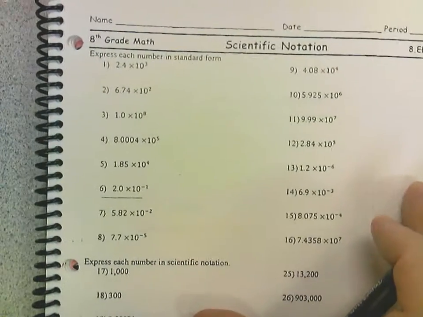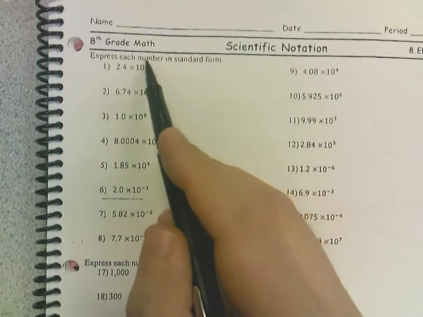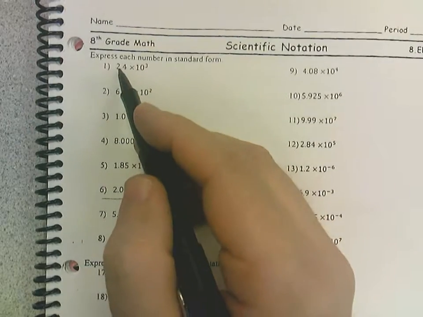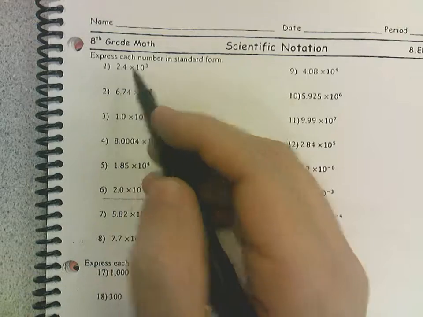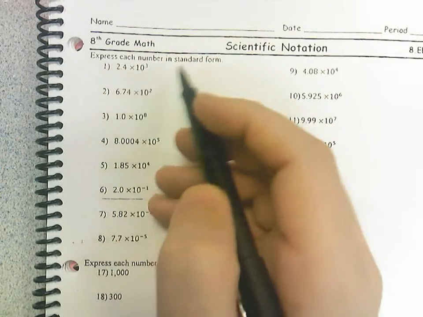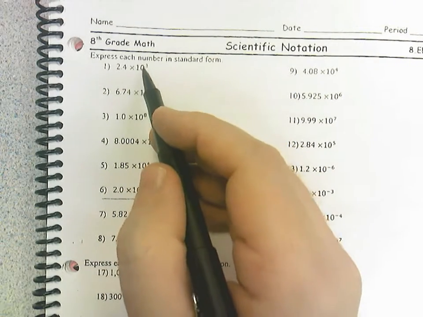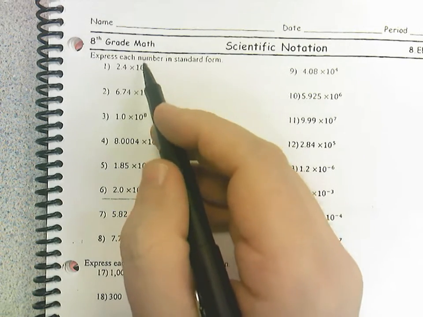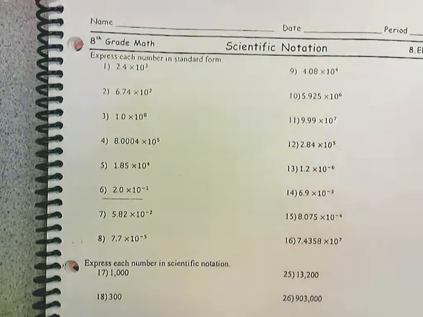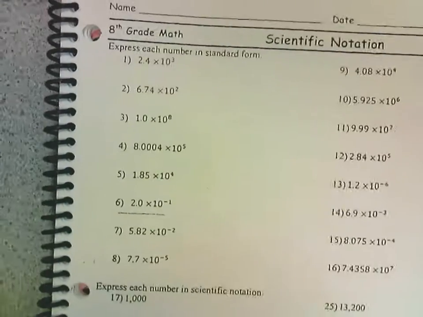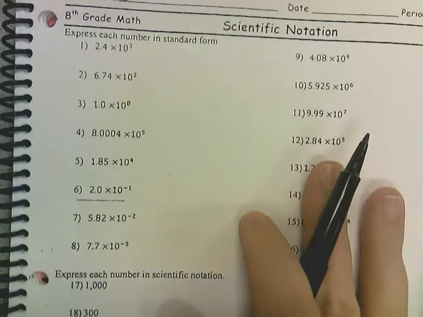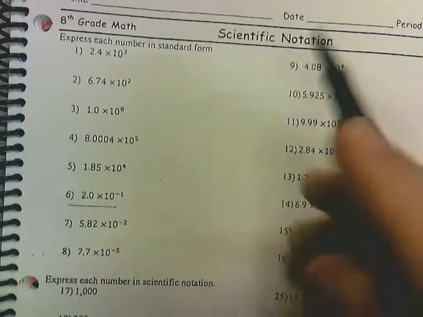Okay, so since this is a positive exponent, that tells me it's going to be a big number. And since it's positive, I'm going to move my decimal in the way that would make it a big number, which would be to the right. The number of spots I move the decimal is just the exponent. The exponent is 3, so I'm going to move my decimal 3 spots. Sorry, I'm adjusting the zoom here so you can see the numbers better.